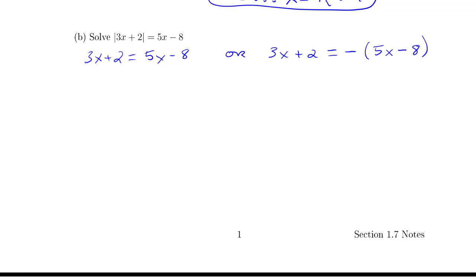Okay, so solve each one. I'm going to subtract 5x and then subtract 2. So negative 2x equals negative 10. Divide by negative 2. This is an equation, so I don't have to worry about flipping anything. x is 5.